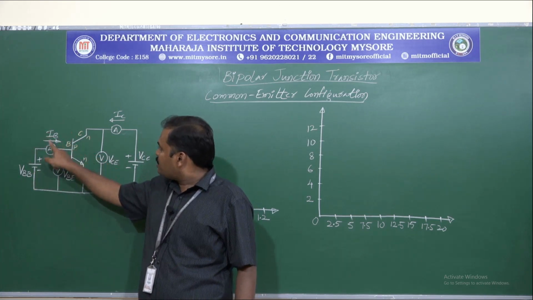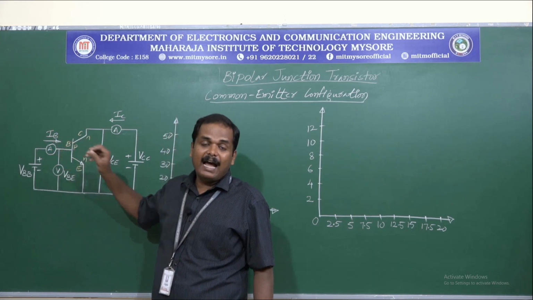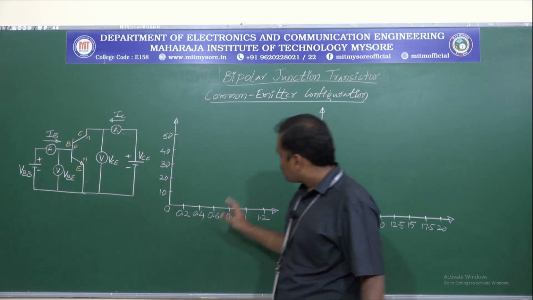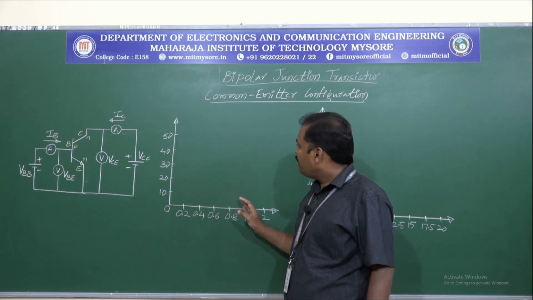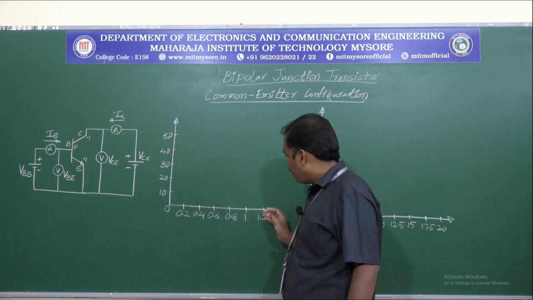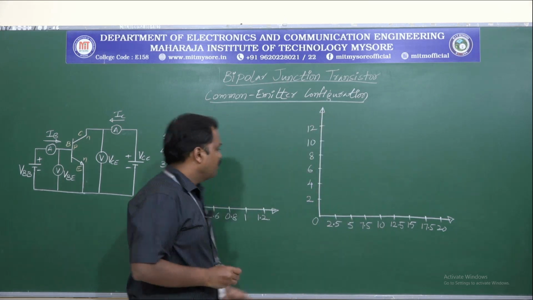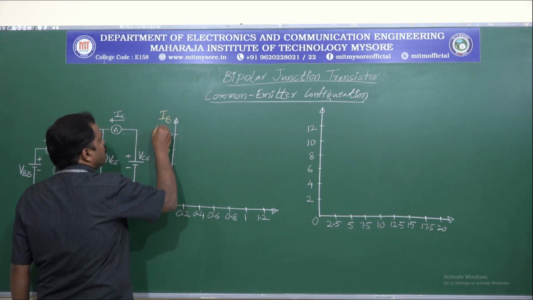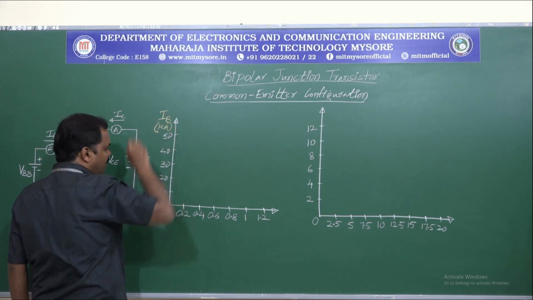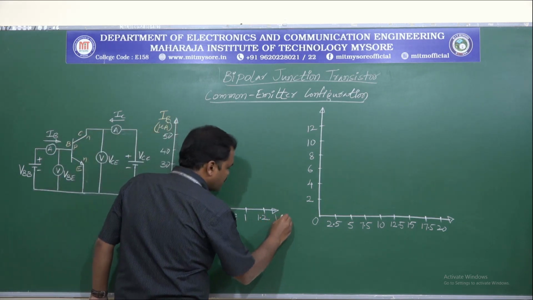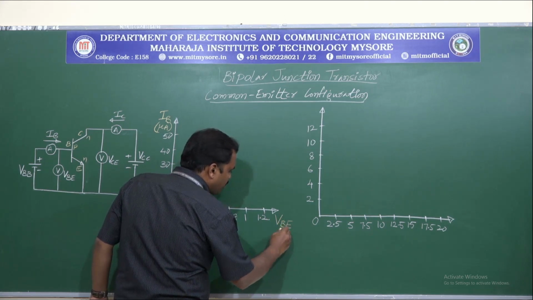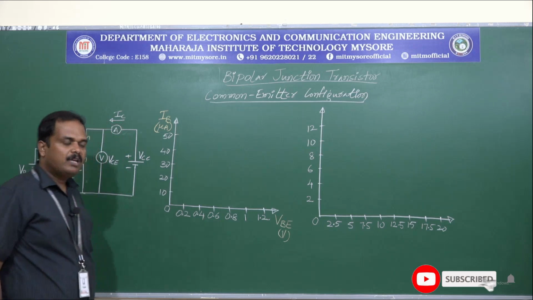The corresponding changes in the input current IB shall be noted down, and these variations shall be plotted as IB versus VBE. So let us call this IB, which will be in microamperes, and this is the input voltage VBE, which will be measured in volts.